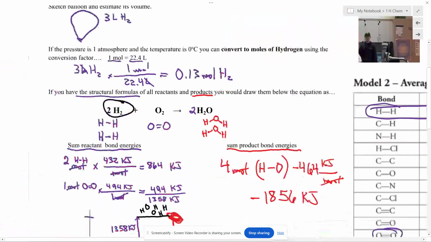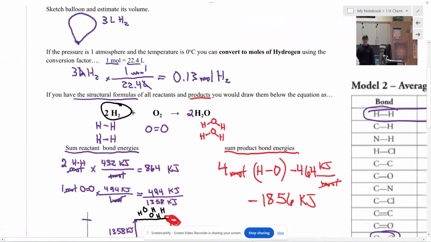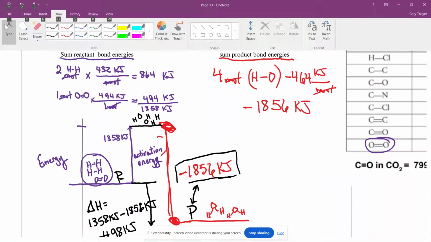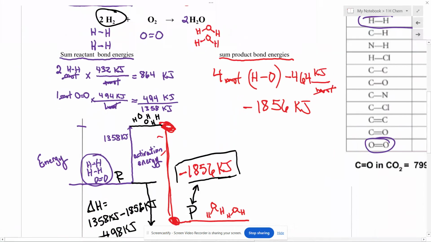You've got to have the structural formula, and you've got to count up all the different kinds of chemical bonds. And then you have to add all of the bonds from the highlighter time. You've got to add all the bonds from the reactants, and you've got to add all the bonds from the products.